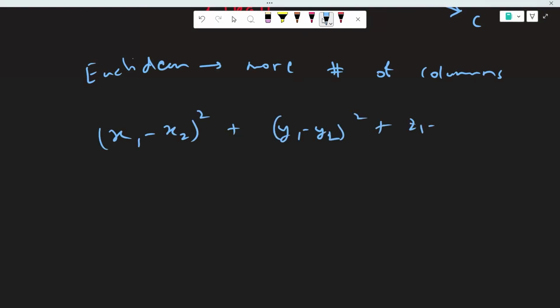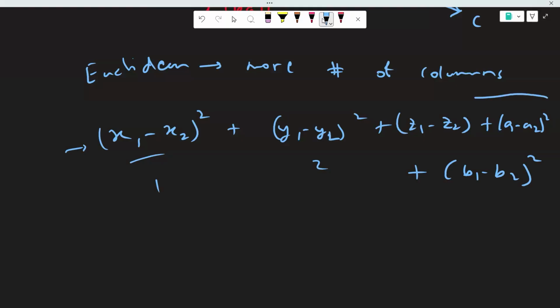Next, z1 minus z2 square, then a1 minus a2 square, then b1 minus b2. Imagine if you have 10,000 columns, you will keep writing this 10,000 times for every single column, and then you'll be taking a square root.